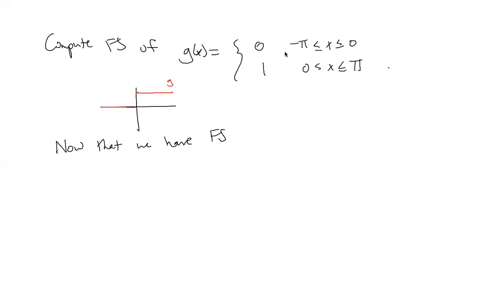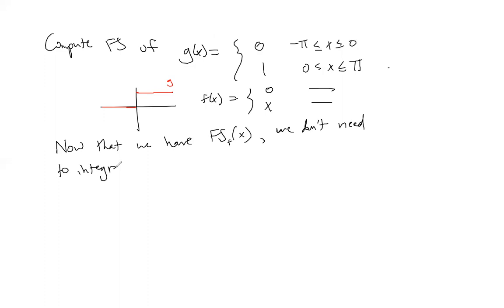Now that we have the Fourier series of f, where f was previously 0 and x, we don't need to integrate to compute the Fourier series of g anymore. Because what's the relationship between f and g?